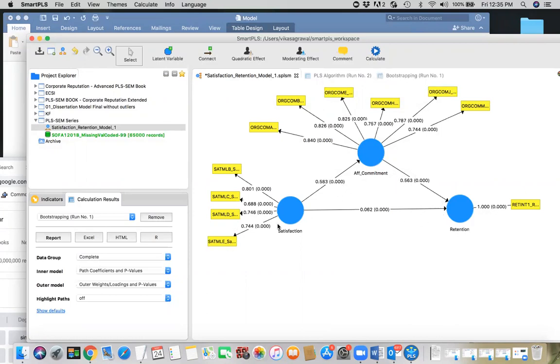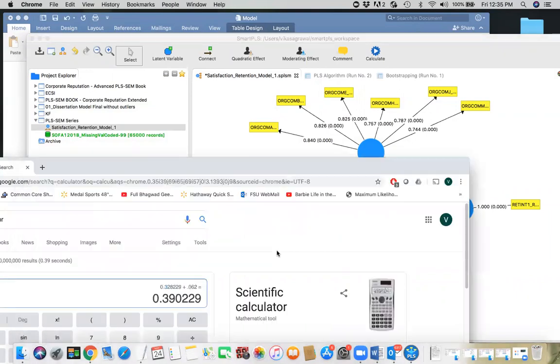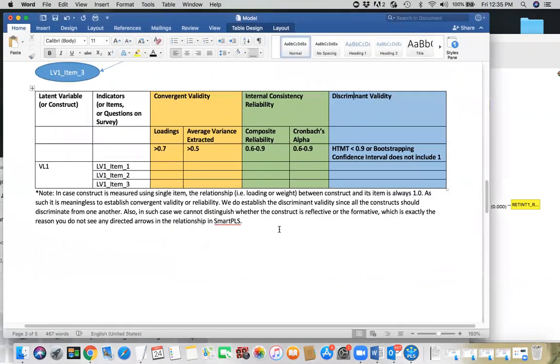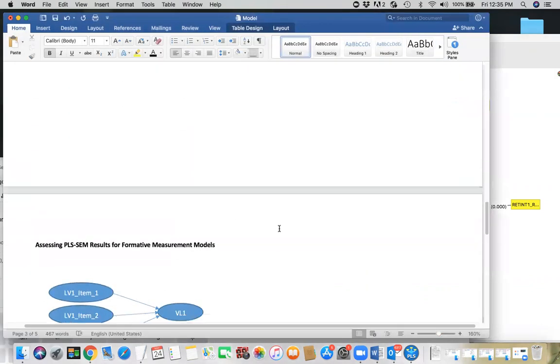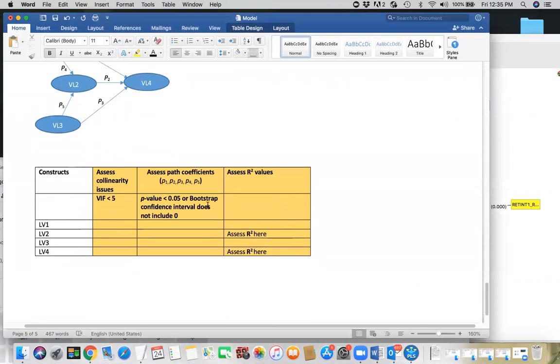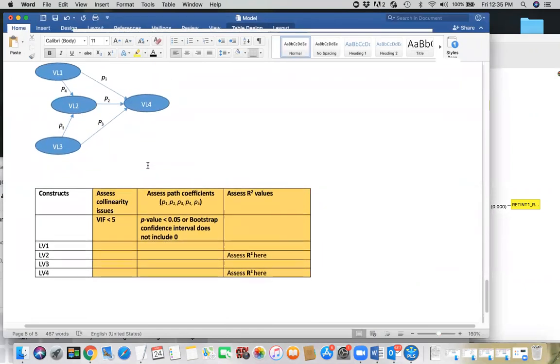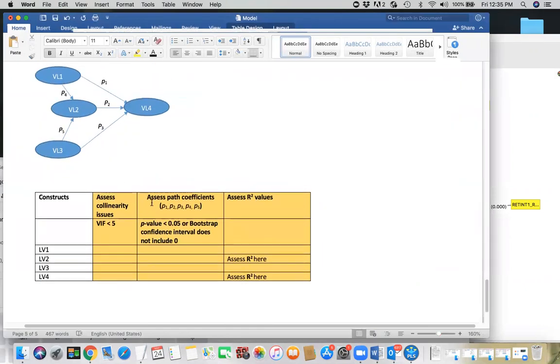So the next thing you have to look at, when you're establishing the structural model, is a few things which I have listed here. For the structural model, it's very much like regression. First, I assess the path coefficients.